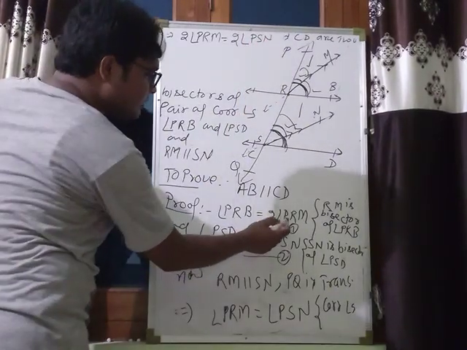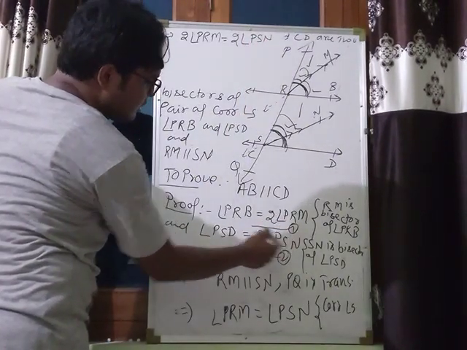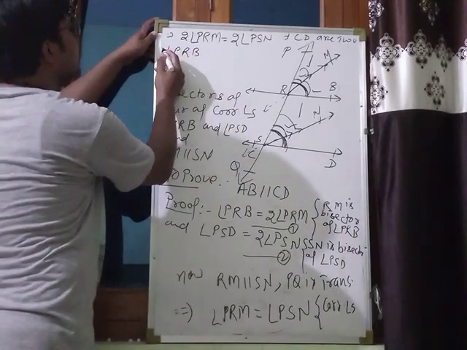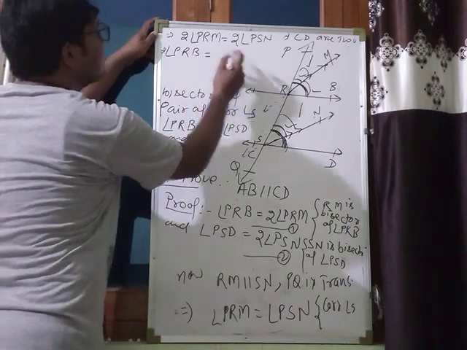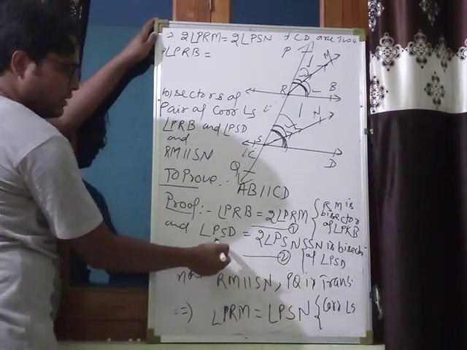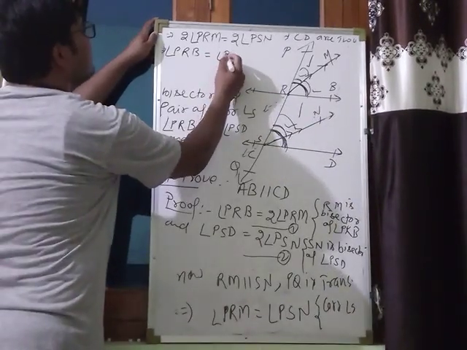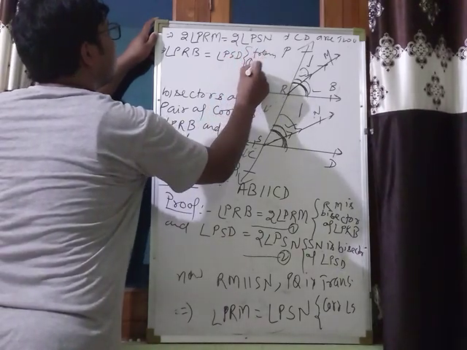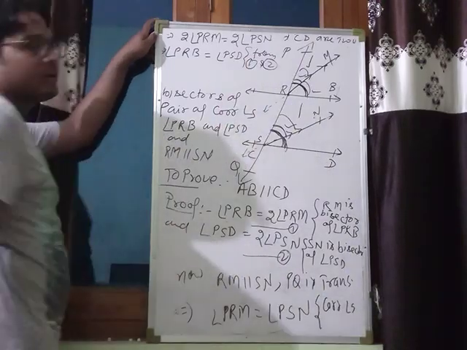And what is twice of angle PRM? You can see from first, that is angle PRB. Angle PRB will be equal to twice of PSN. From second, that is angle PSD. That comes from first and second.